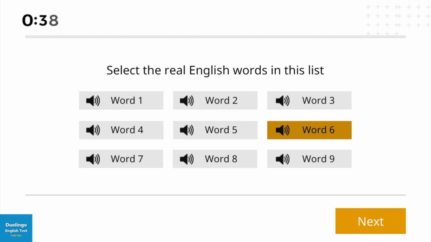Might, might, might. Tolerate, tolerate, tolerate. Lambert, Lambert, Lambert. Conscious, conscious, conscious.